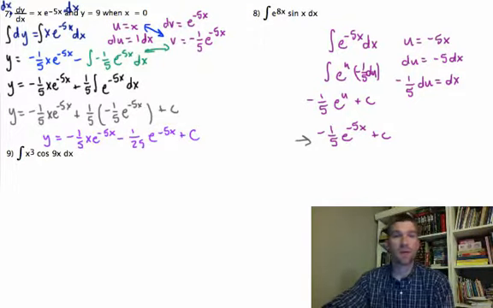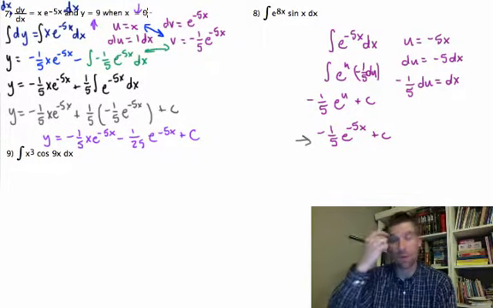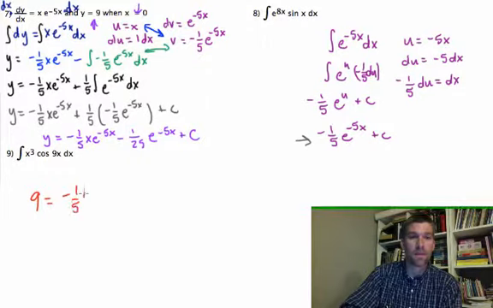Now, since we were given an initial condition, y is 9 when x is 0, we can substitute all those values in. I'll do that right down here in the number 9 spot. So when y is 9, I'm just going to make that substitution right now. There's no trickery going on. There's no look at the left hand while the right hand does some funny business.